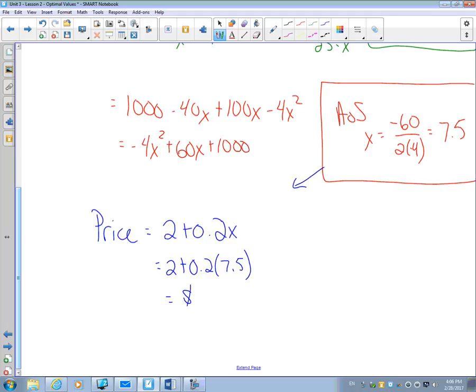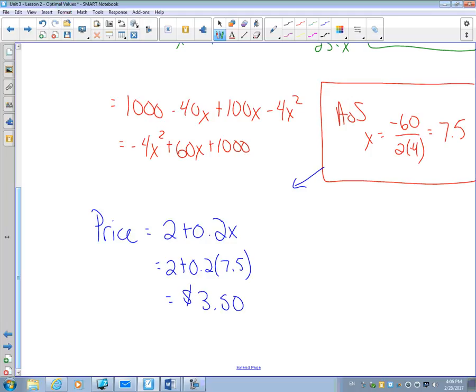The optimal price that we should charge, and calculate that, is $3.50. As I said, that's kind of our typical question from previous. And just giving us two options how we want to approach it.